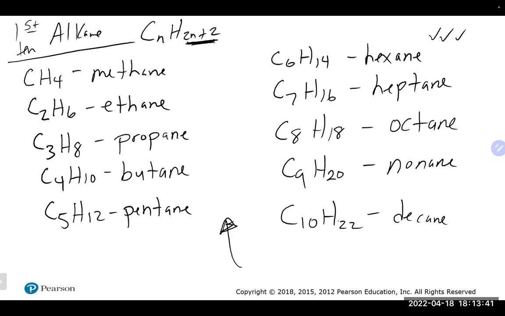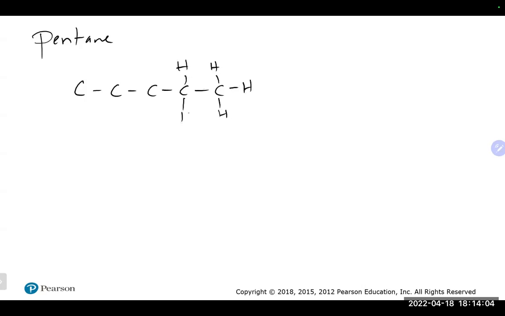Any questions on that? All 10 of these guys are the same sort of connection. It is all the carbons attached to the carbons, and then obviously the hydrogens attached to it. So if we looked at pentane, which is 5, it is attached carbon to carbon. And again, the hydrogens there would be attached to the carbons, giving carbon 4 total bonds.